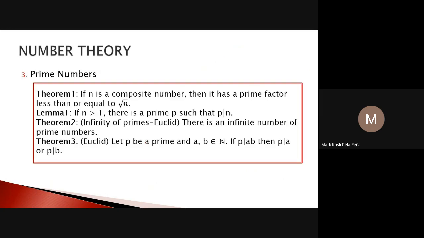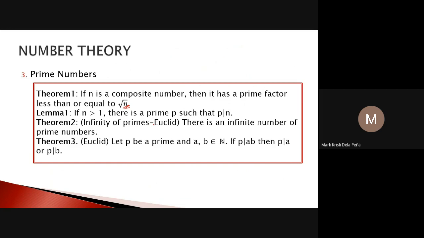Next, how do we know if a number is a prime or a composite number? First, we'll just use the theorem. Just get the square root of that number. After, enumerate all the prime numbers less than the square root of that number. According to Euclid, there is an infinite number of prime numbers. There is still an algorithm for finding the largest prime number.